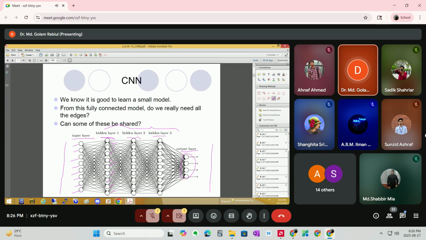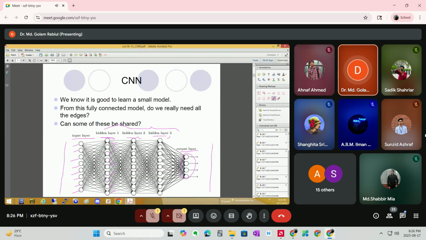Total 9 neurons in our first hidden layer. Similarly, 9 neurons in our second hidden layer, and 9 neurons in our third hidden layer also. So this is our deep neural network architecture.